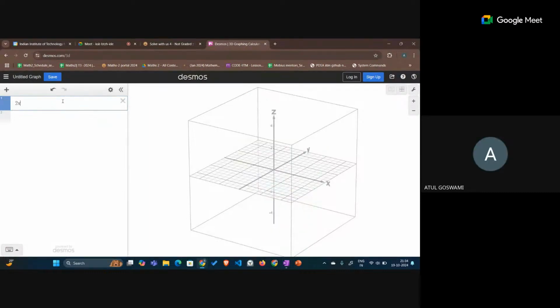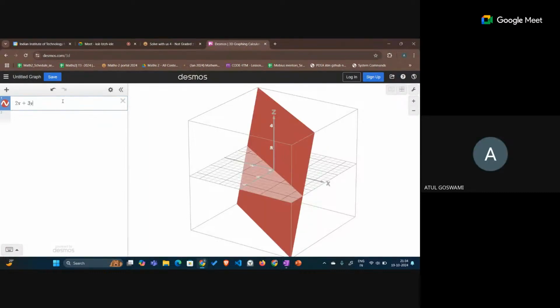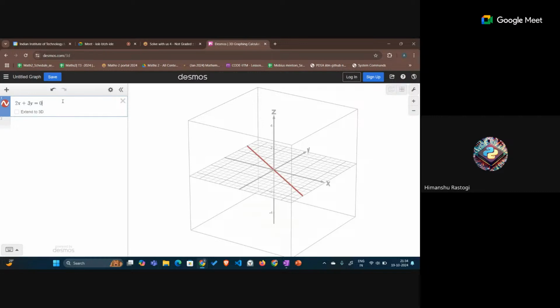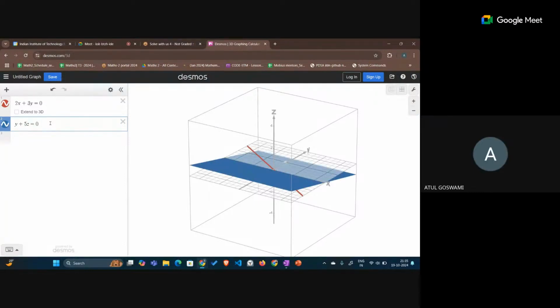And what is the second one? y plus 5z equals 0.